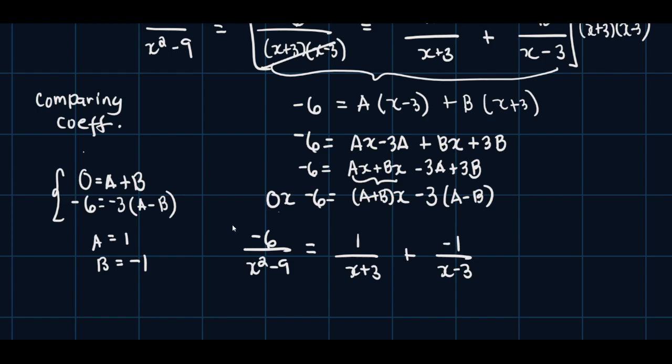So, if we want to get the antiderivative of negative 6 all over x squared minus 9 dx, we can get the antiderivative of 1 over x plus 3 plus negative 1 all over x minus 3 dx. Okay? And then, babalik tayo dun sa sagot na nakuha natin initially. So this is basically the technique known as partial fraction decomposition in getting the antiderivative of rational functions.